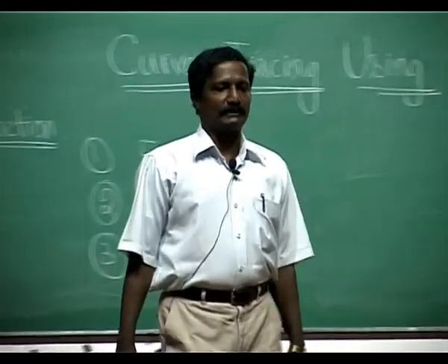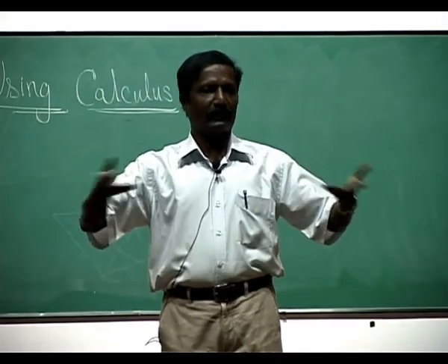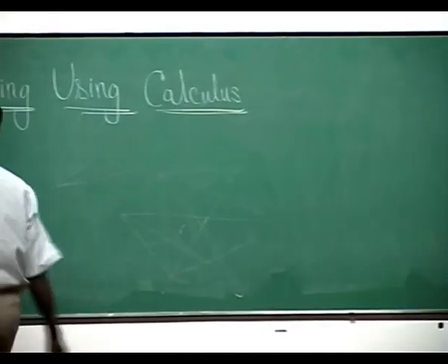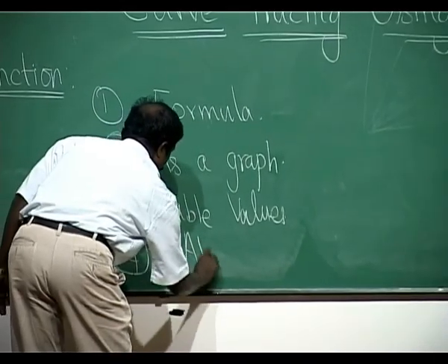Maybe the other possibility could be one could define in an abstract way in terms of words, which may not be representable in any way. So, the fourth is abstract definition.